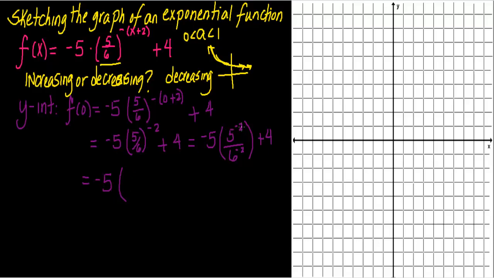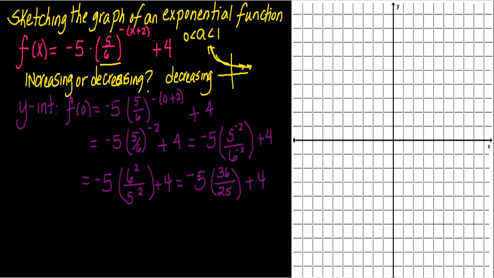So this number comes down to the denominator, and that makes that exponent positive. And if the exponent is negative in the denominator, we bring it up to the numerator, and that makes the exponent positive. Plus 4. That equals negative 5 times 6 squared is 36, 5 squared is 25, plus 4.